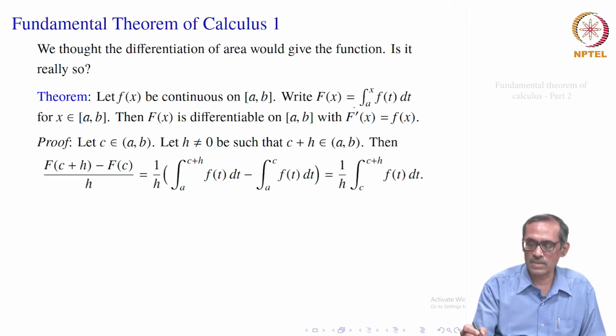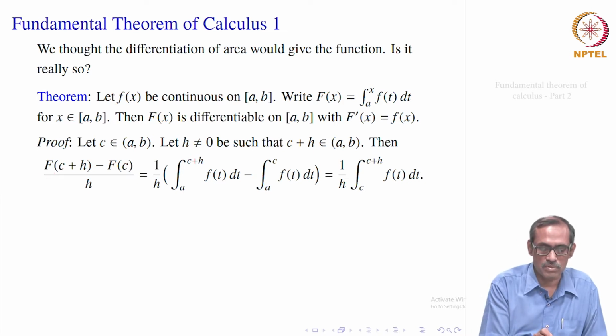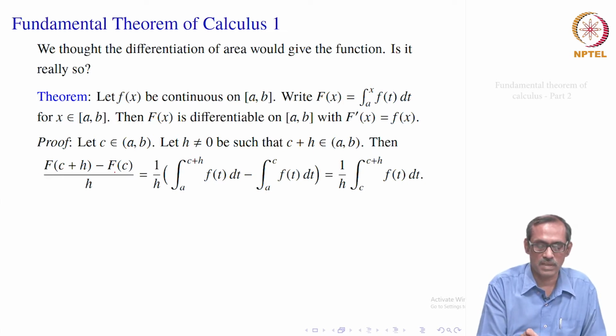Now, we want to show that capital F prime at c, by definition, is the limit as h goes to 0 of F of c plus h minus F of c divided by h. So, we try to compute what this exactly means in terms of the integral.